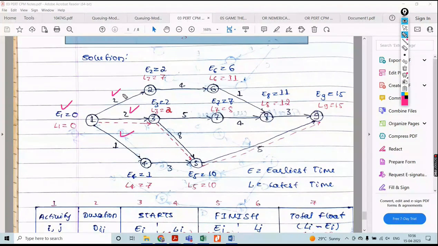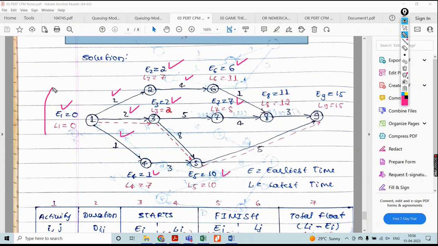Then 0 plus 2 is 2, 0 plus 2 is 2, 0 plus 1 is 1. Then 2 plus 4 is 6. Next is 2 plus 5 is 7. Then 2 plus 8 is 10. This is how you need to proceed for the evaluation.